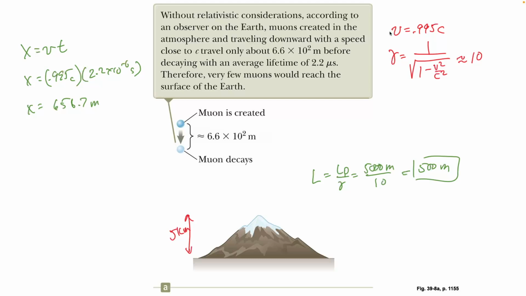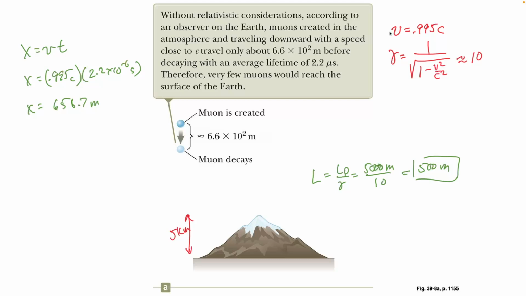Let's argue from a time dilation point of view. This is a proper time because the meson comes into existence and goes out of existence in our laboratory at exactly the same place.